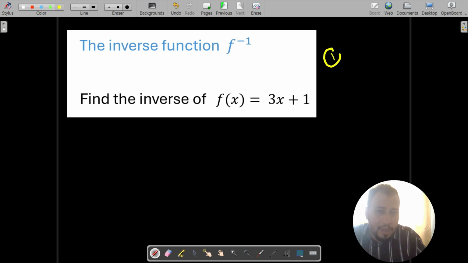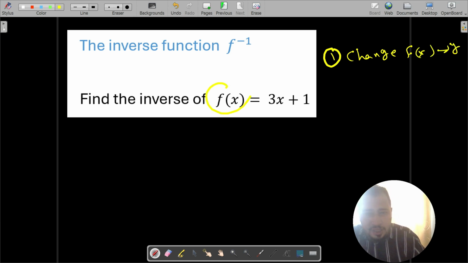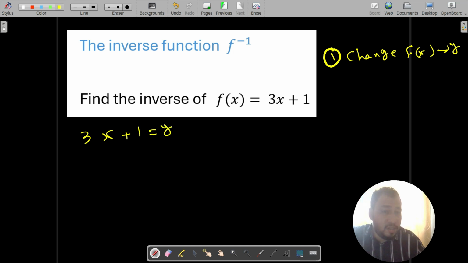The first step is change f of x with y. You remove this f of x and write y. So 3x plus 1 equals y. This is your first step.